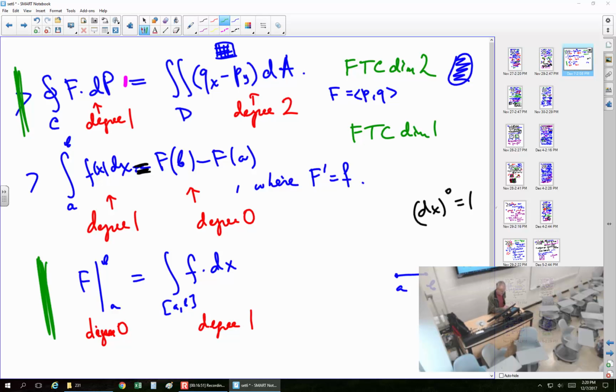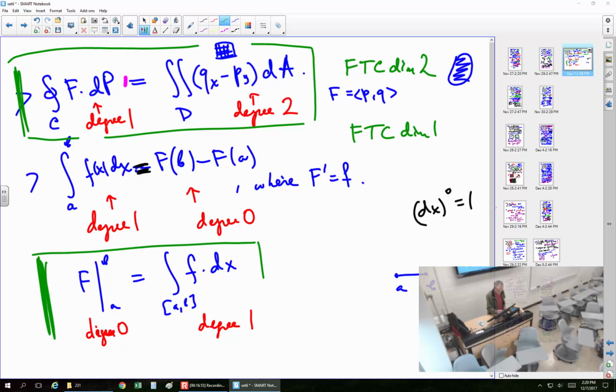So let me once again do this. We're matching this formula with that formula, but in different dimensions. So integral on the left, integral on the right. The degree on the left is one lower than the degree on the right. These are the two main things that make the match, but certainly there is more to it.